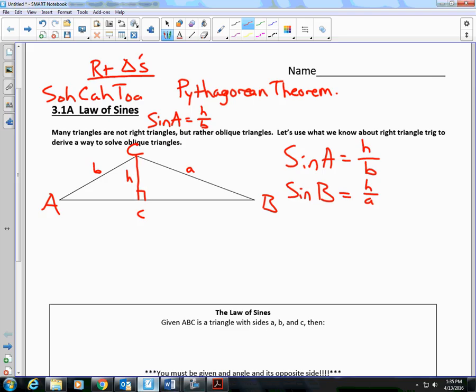They both have an H. So what I'm going to do is solve for H. In order to solve for H, I will multiply both sides by B. And I get B sine of A is equal to H. And for this one, I'll multiply both sides by A. And I get A sine of B is equal to H.